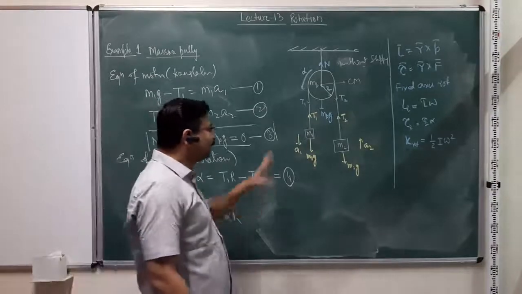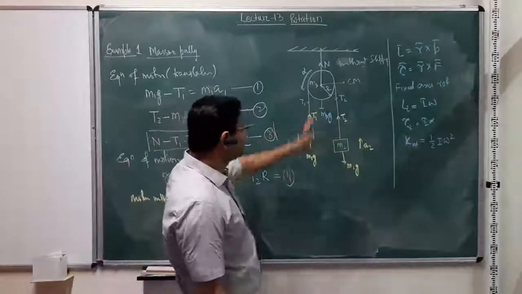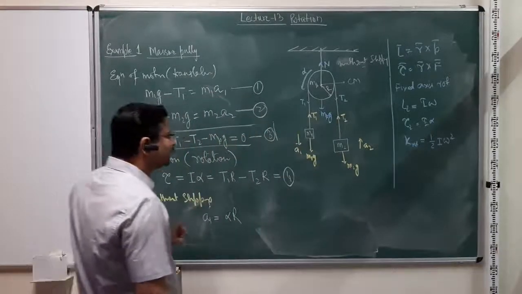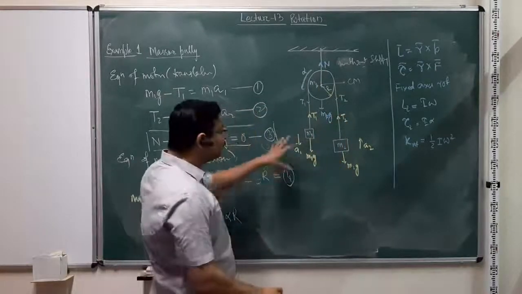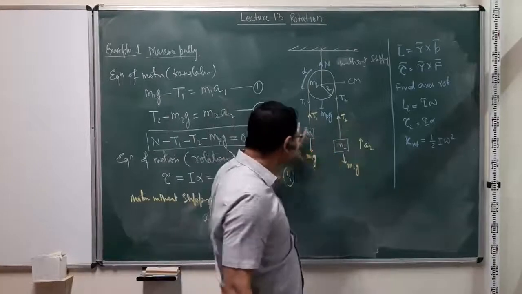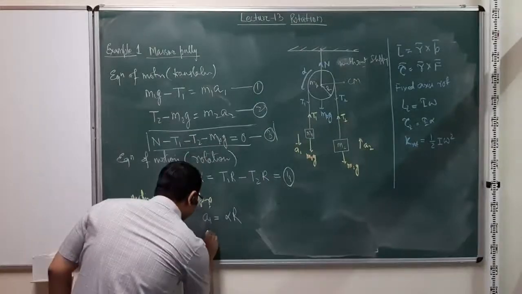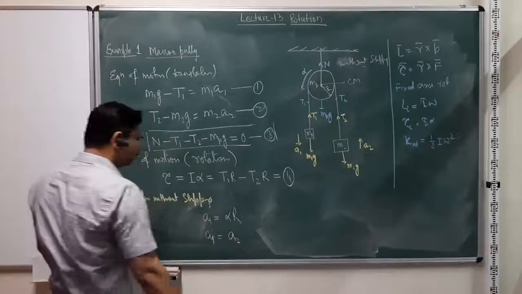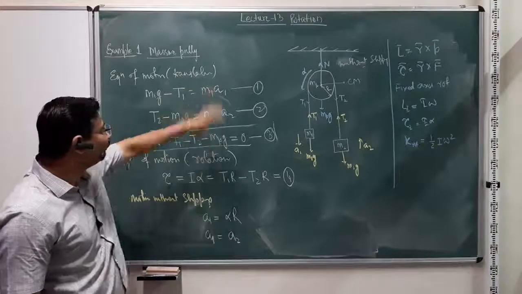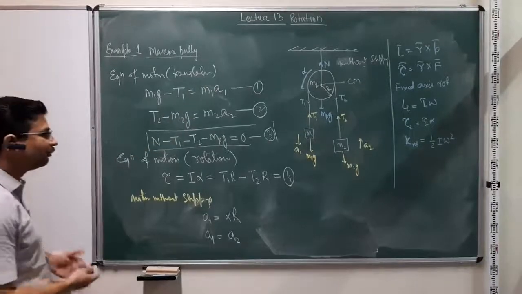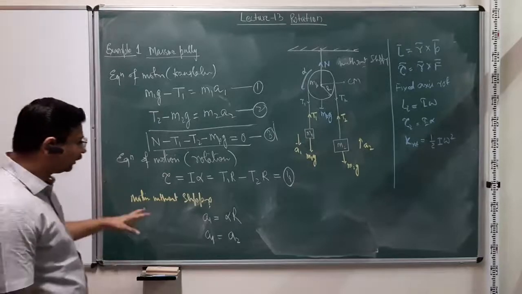The extra information that we can see in the system is that since the two masses are connected by the same string, the acceleration of this mass has to be equal to the acceleration of this mass, and that way we also have A1 equal to A2, right? So once we have A1 equal to A2, we have reduced one variable from the equation. We have 4 unknowns and 4 independent equations to find these values.